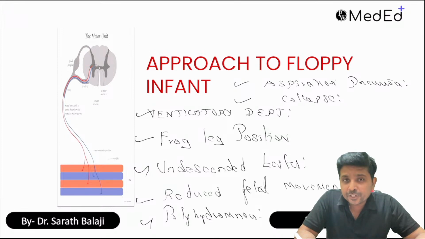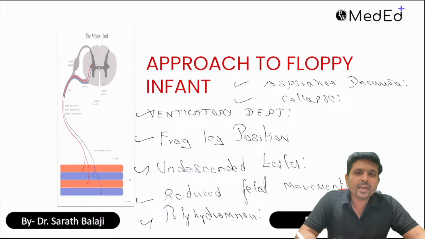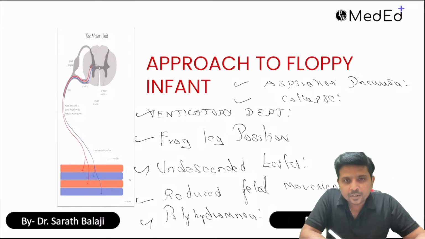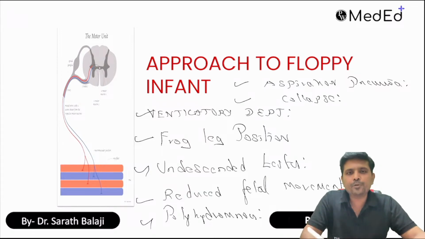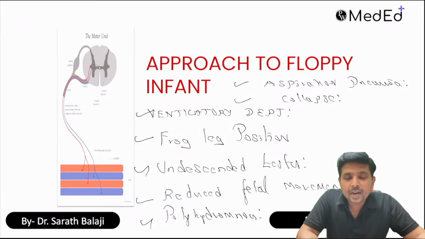So the manifestations of floppy infancy in the newborn period immediately after birth are aspiration pneumonia, collapse of the lung, ventilator dependence, frog-leg position and undescended testis, and the antenatal clues are polyhydramnios and reduced fetal movements.